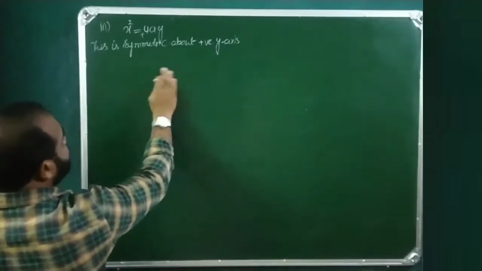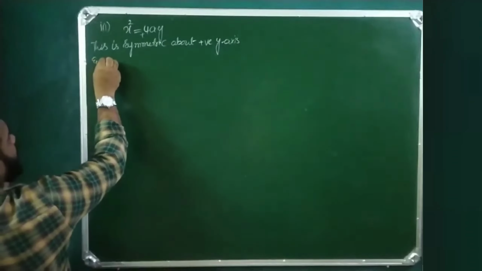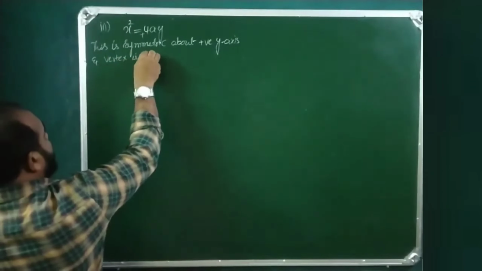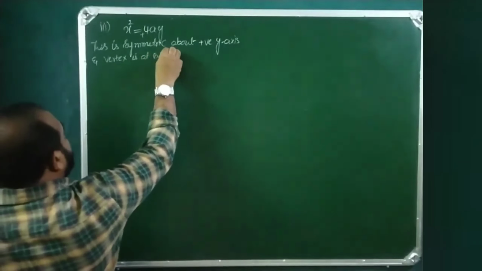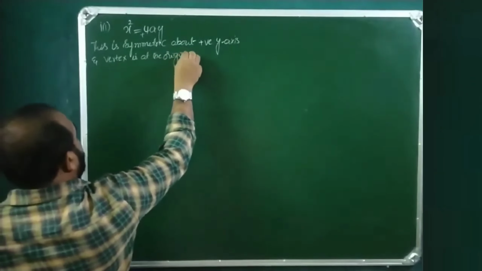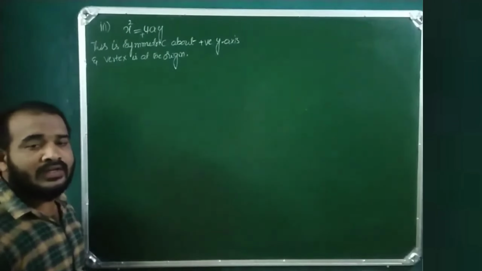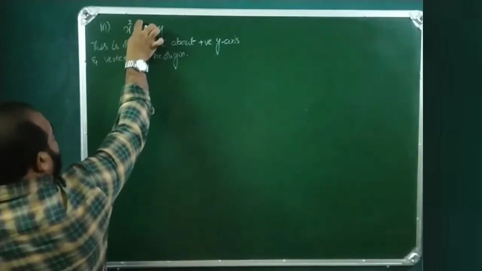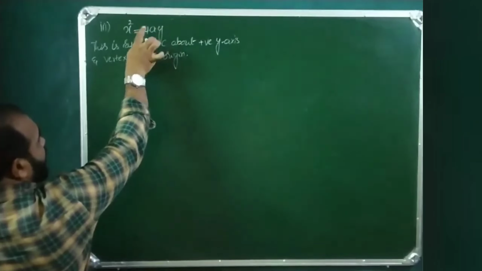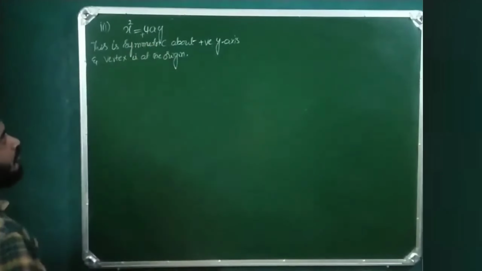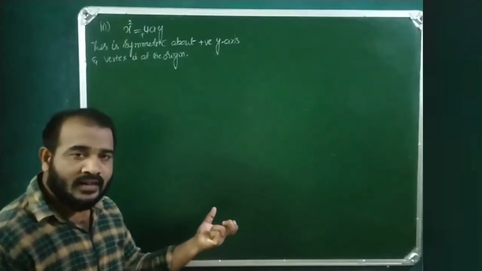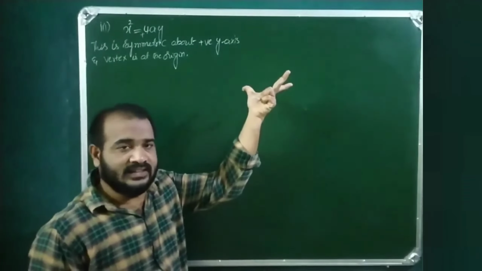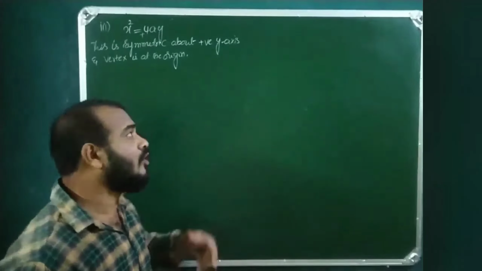The vertex is at the origin, and only then is the parabola said to be in its standard form. Therefore, it would open on the upper side of the y-axis. So this is an upward parabola.